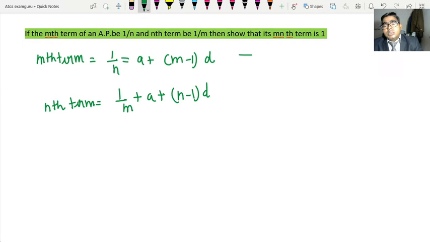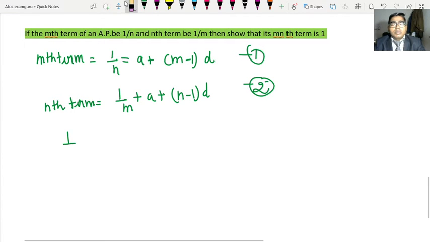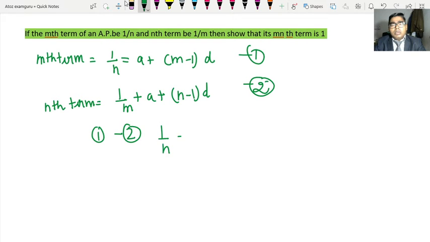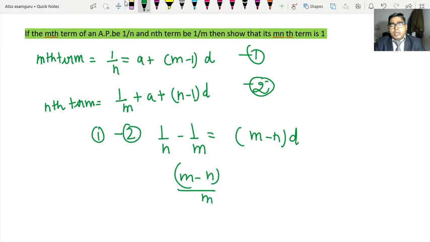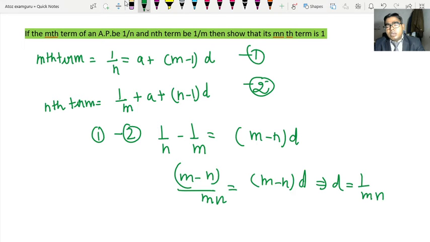So by using these two, we have to calculate the first term and common difference. Let us see, it is equation 1 and equation 2. Subtracting equation 2 from equation 1, we will get 1 by n minus 1 by m equals m minus n into D. It means m minus n upon mn equals m minus n into D. So we cancel out, and the common difference D will be 1 upon mn.